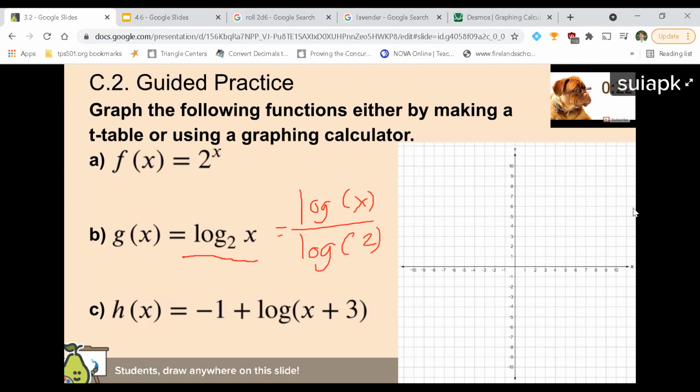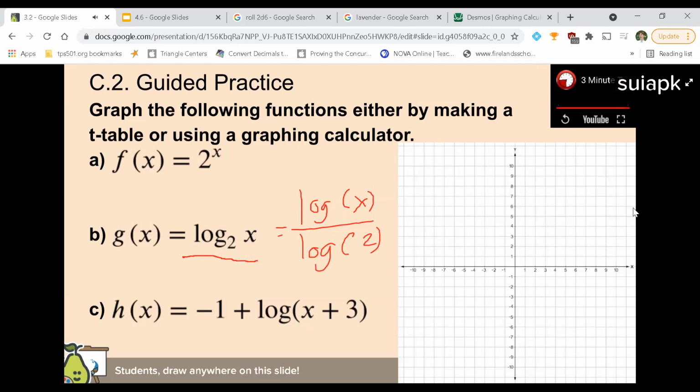Type it in. Math, that's the icon. And then X, and down, and now you see a graph.